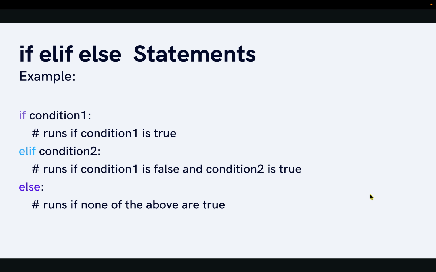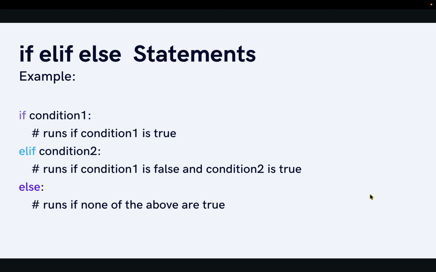The one thing I would like to note is that when you use an if, elif, else statement, you only have one if and one else. But you can have as many elifs as you want between the if and the else statement. In this example, we're only checking 2 conditions, but we could technically check 4, 5, 50, 20. Would you want to? No, but you could, and that's the point of that part of the example.